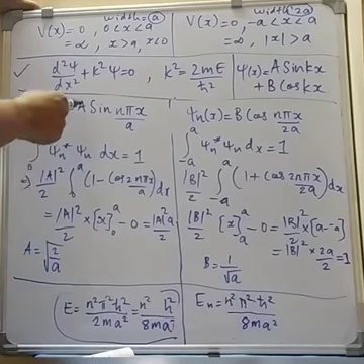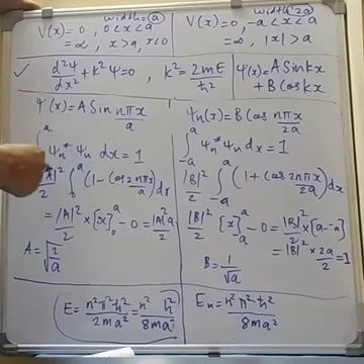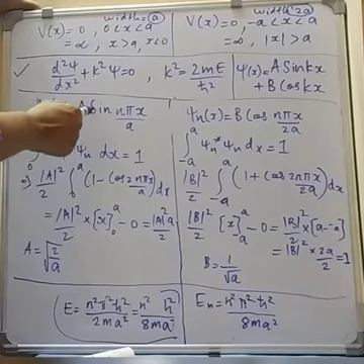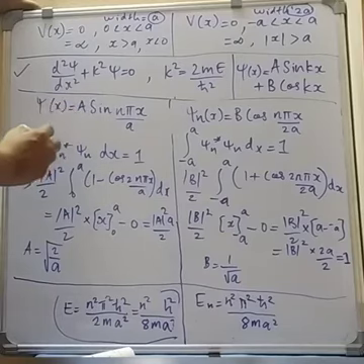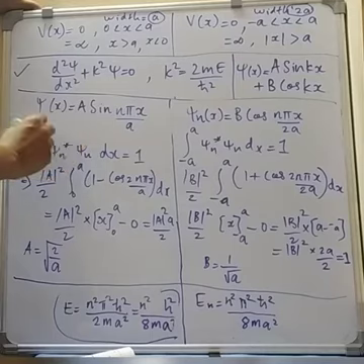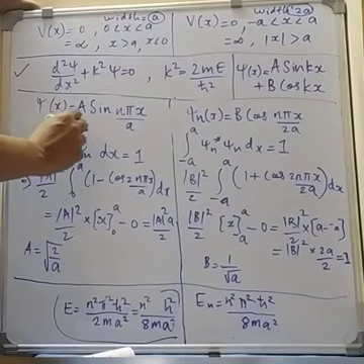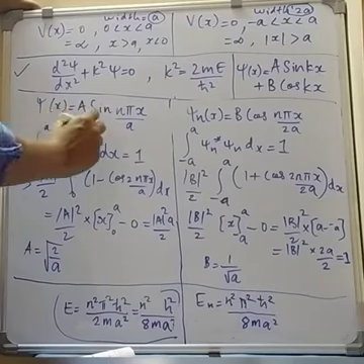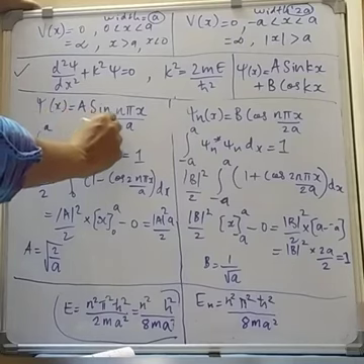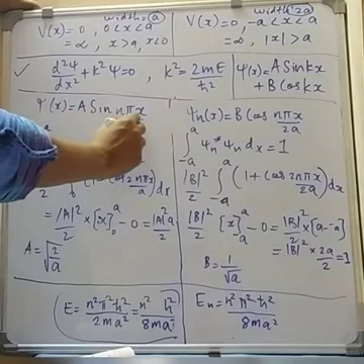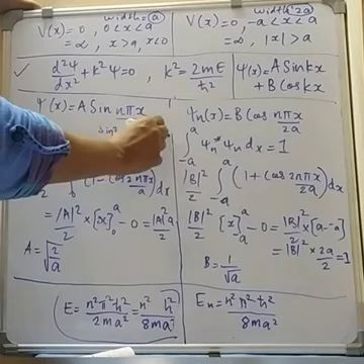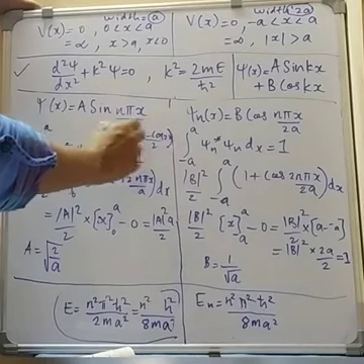We have A star A equal to mod A square, and we have psi n star psi n, so we have two sine functions, so we have sine square.